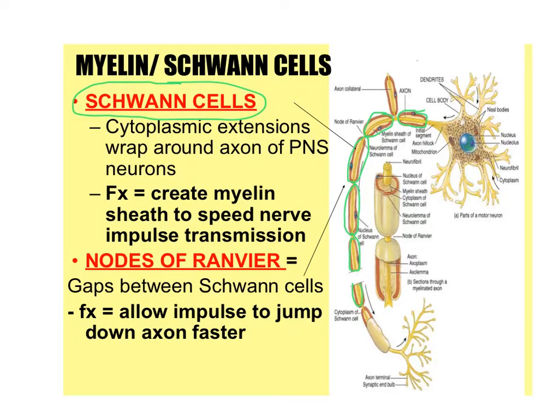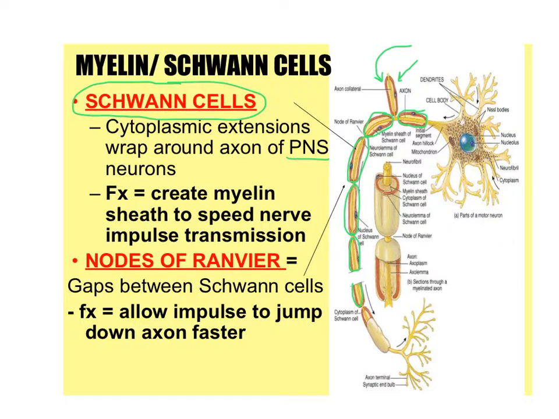Each one of these little ovals is a Schwann cell that has wrapped around the axon to insulate it with its mostly fat. Now their main function, which you need to know, is that axons which are myelinated by Schwann cells, in this case because it's in the peripheral nervous system.